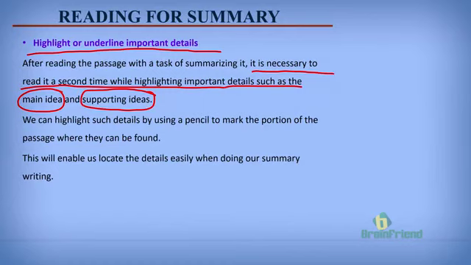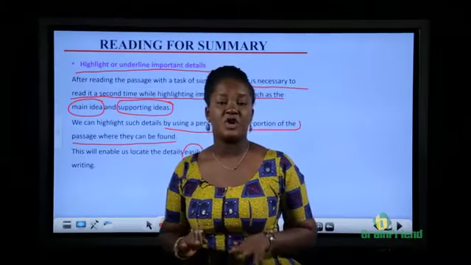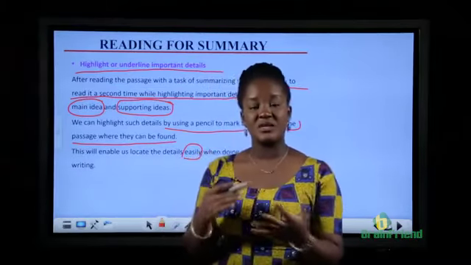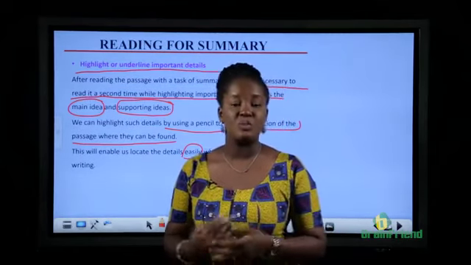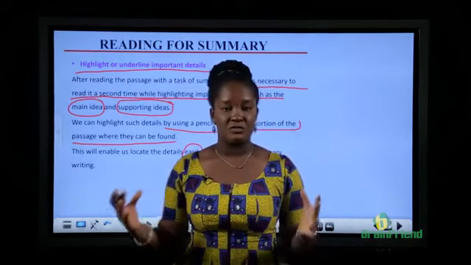We can highlight such details, just as I've said, by using a pencil to mark the portion of the passage where they can be found. This will enable us to locate the details easily when doing our summary writing. Now, this is very important because we know that some passages could be very long. Some textbooks or some books we read could be quite voluminous.